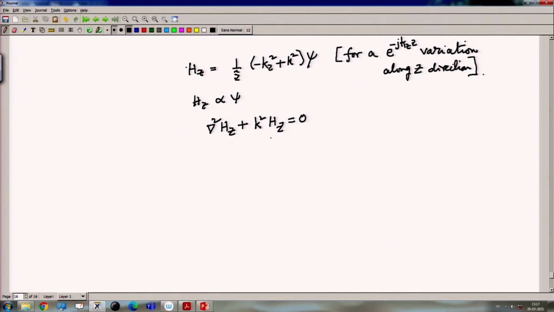So, Hz satisfies the source free wave equation.